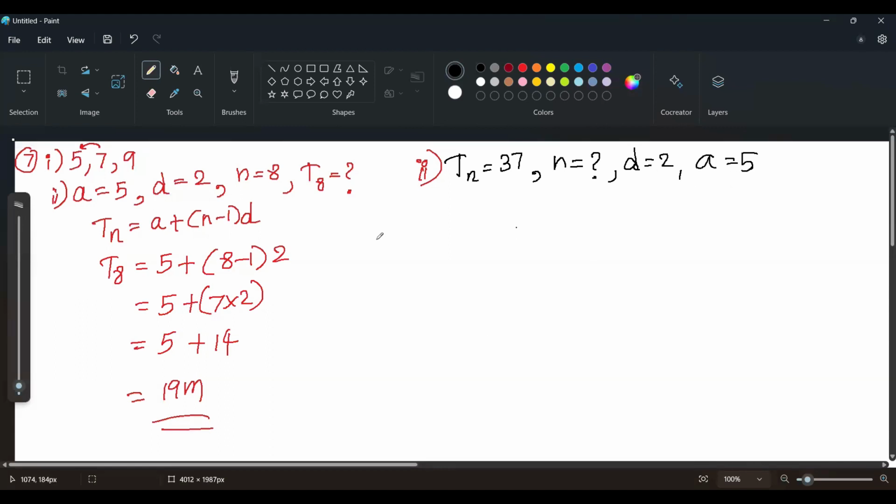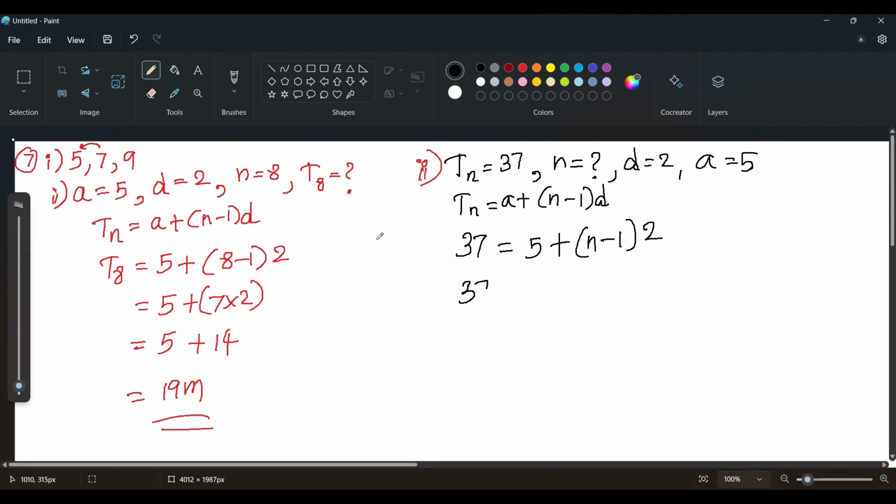Now use the equation Tn equals a plus (n minus 1) times d. So 37 equals 5 plus (n minus 1) times 2.